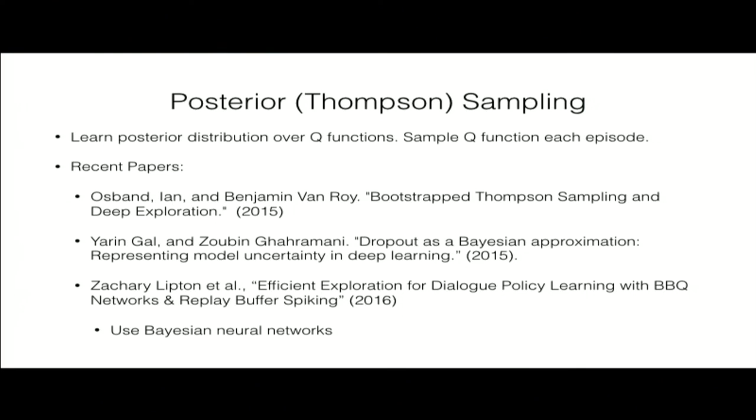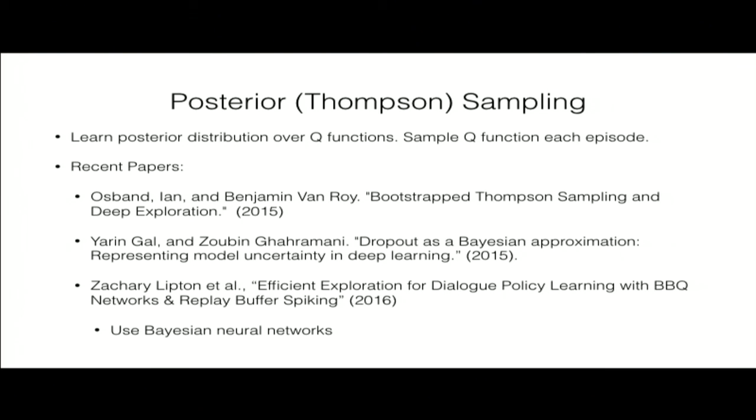So you're basically saying that your posterior distribution is a Gaussian distribution. And actually, it's not that clear how you should incorporate evidence in this framework. I don't think it's totally worked out exactly how you should do Bayesian Q-learning.